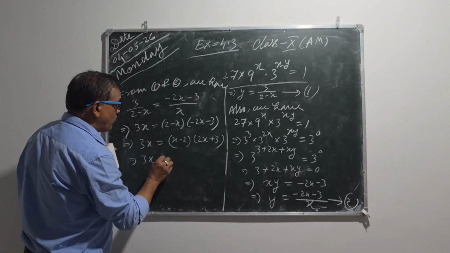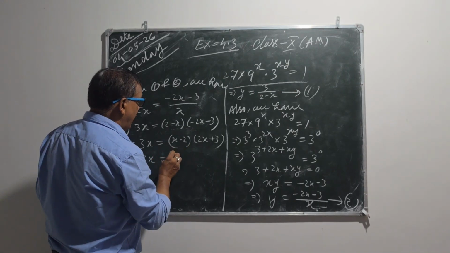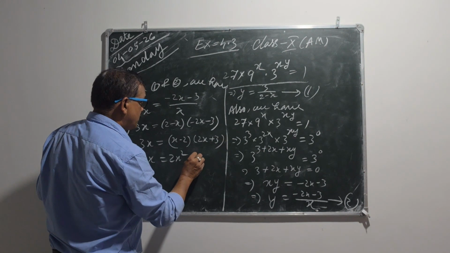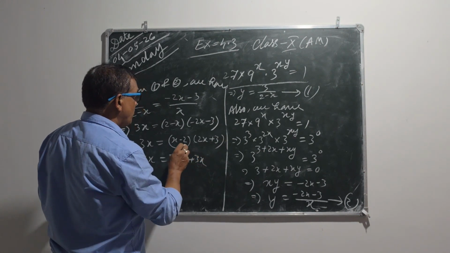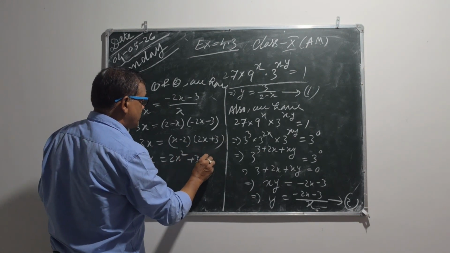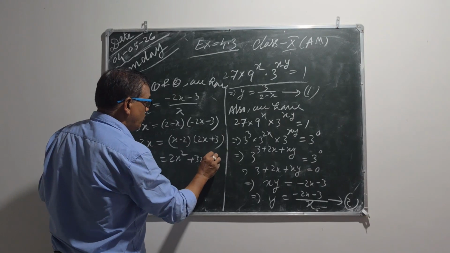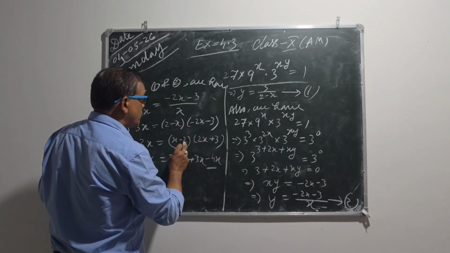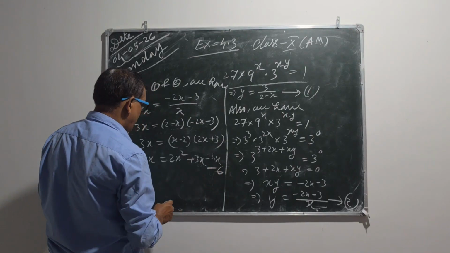So to obtain the value of x, let us multiply by x first of all. 2x square plus 3x, minus 4x, then minus 6.